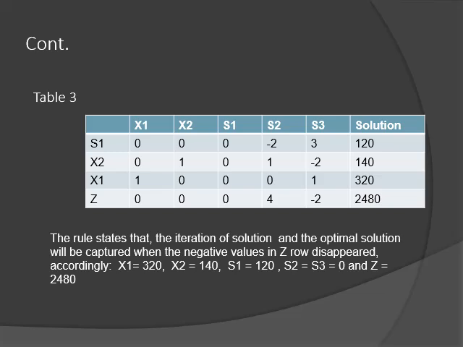Now, as you see, the function Z has no negative values. Mainly we mean by the negative values those values which face the basic variables x1 and x2, actually, not those which face s1, s2 and s3.